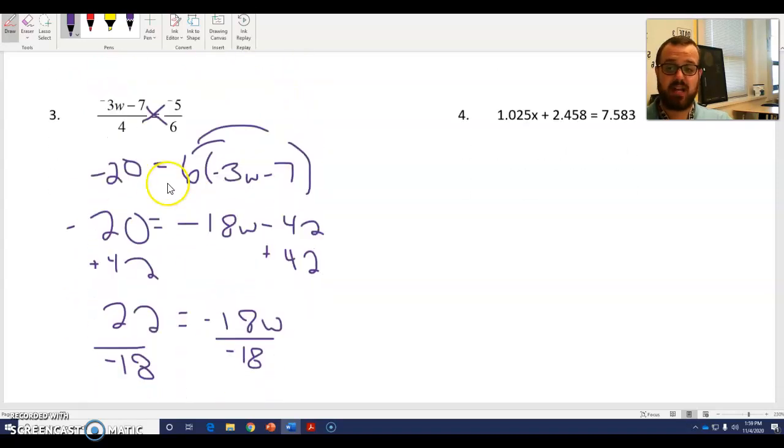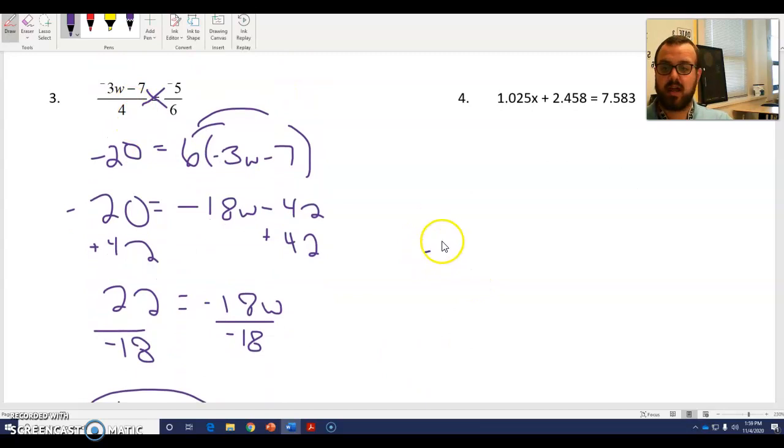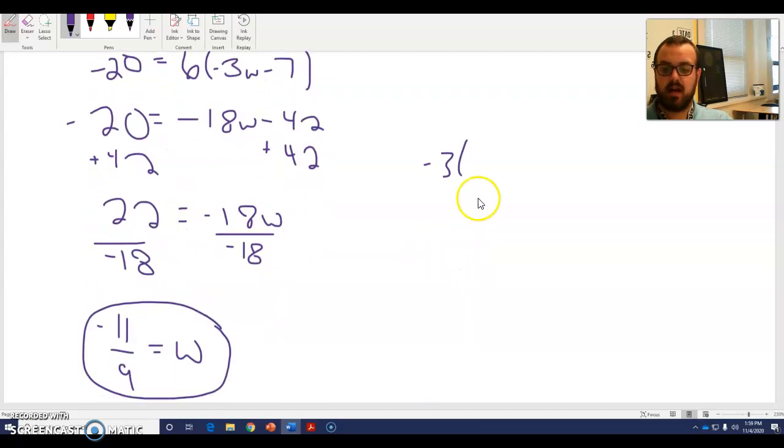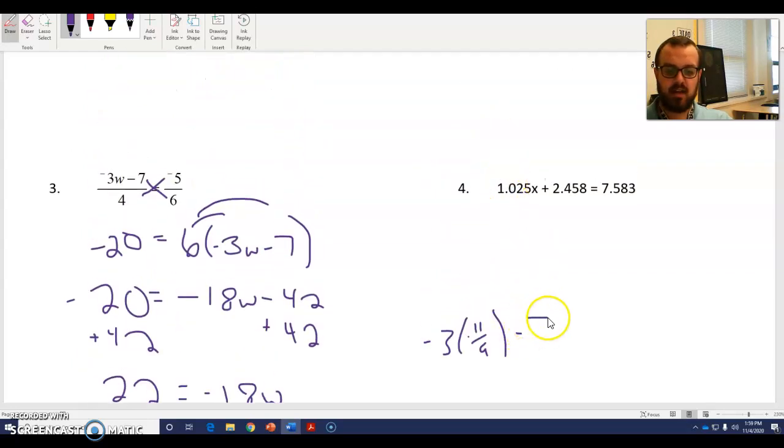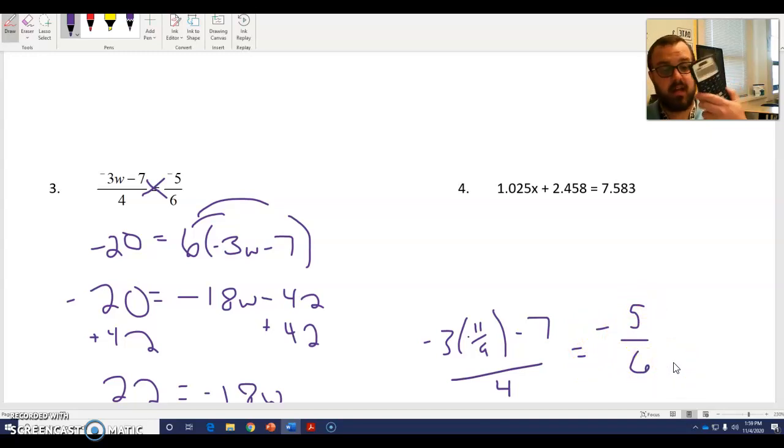Okay, and again, I want to check it. I'll plug it back in, make sure it worked. So let's see, we're going to do -3 times -11/9 minus 7 divided by 4, and that needs to equal -5/6. So again, I have this trusty thing right here. This is going to help me out.